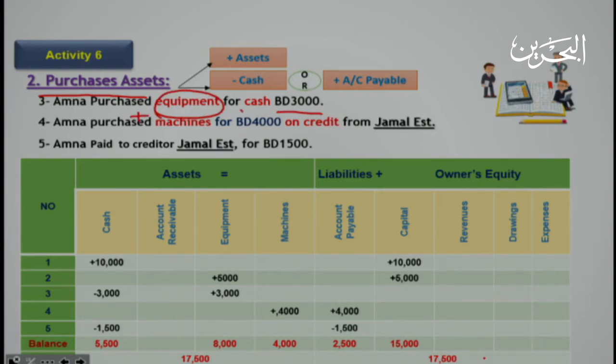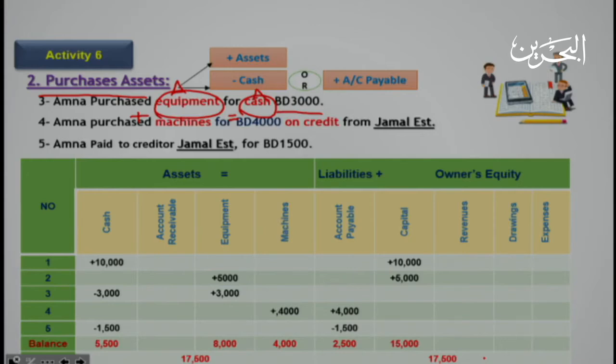And also I pay for this equipment by cash, so the cash for my company will decrease. The effect on this transaction: the equipment is an asset and the cash also is an asset.